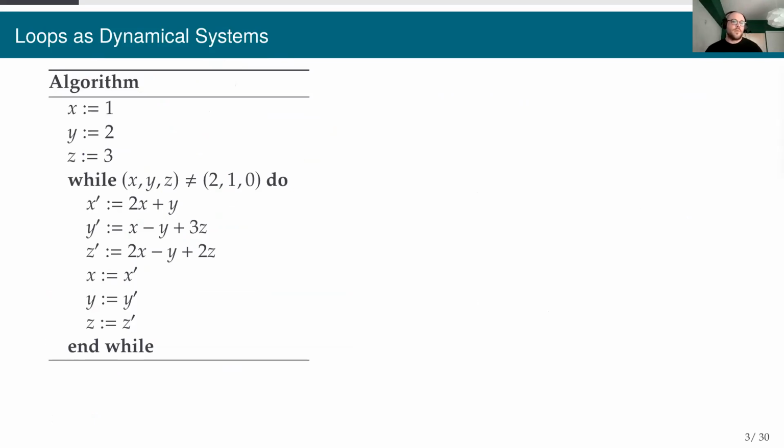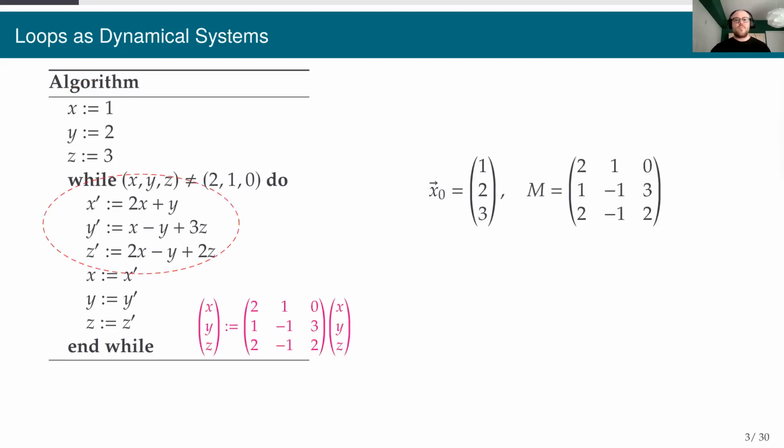You then go into this while loop, and you do some updates. Here these are linear updates of the variables. So we would start modeling this as a dynamical system. First of all, you have your initial point x0, and you have an update matrix. It's a linear update, so you just map the previous state with this matrix.